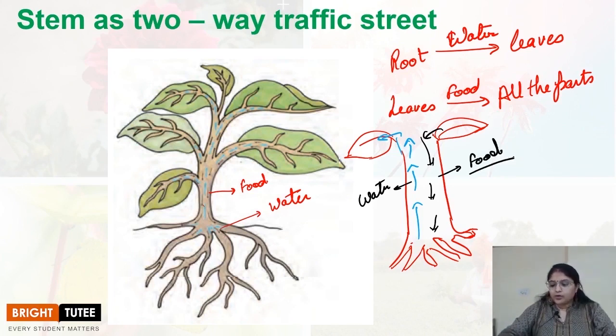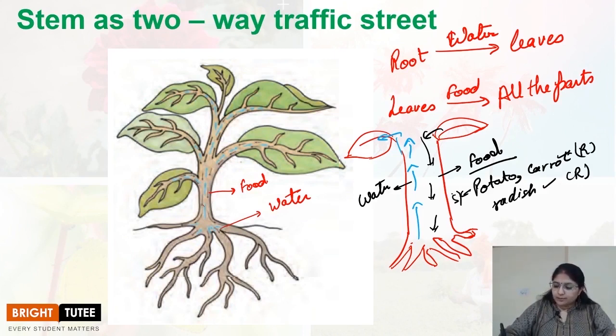Now to understand this, you must have observed that there are certain food materials that we eat which are not exactly fruits. What are those materials? Like potato, right? Carrot, radish. So we know that carrot and radish are roots, right? Whereas potato is a stem.